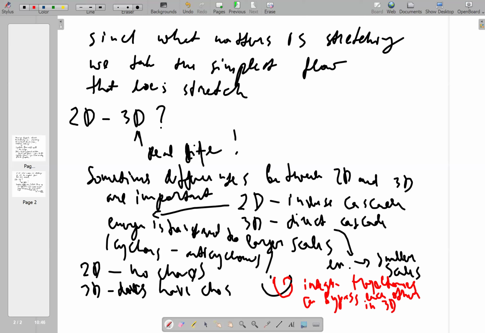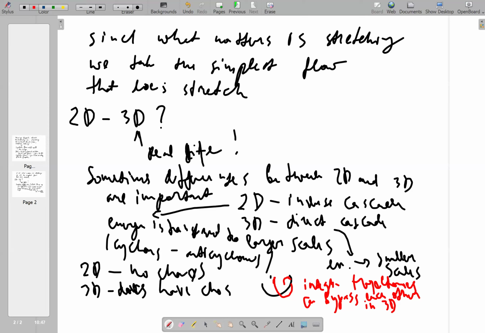So actually, you cannot just play by hand and say, okay, 2D and 3D are the same. No, because there are cases when there is really important difference between those. But in the case of mixing, it appears there is not much difference.